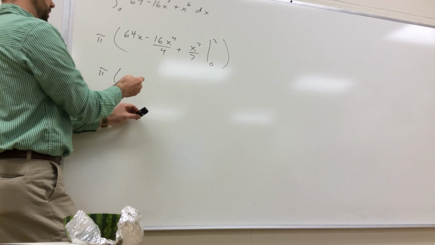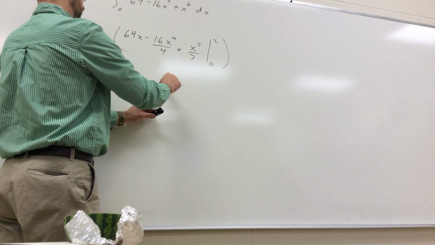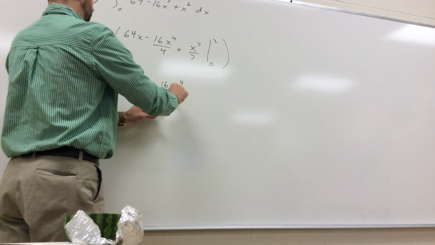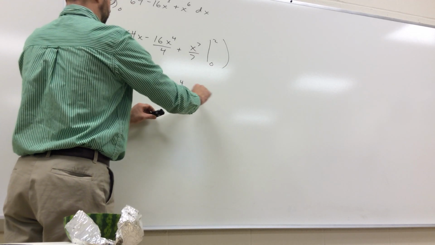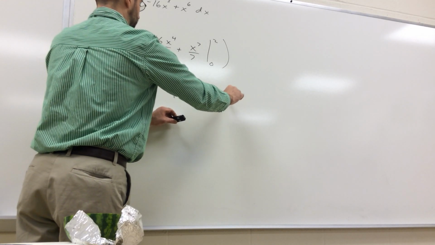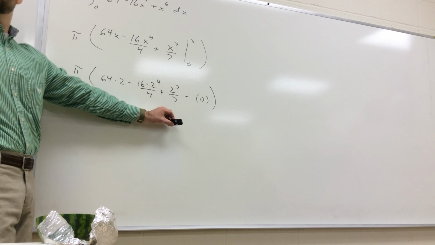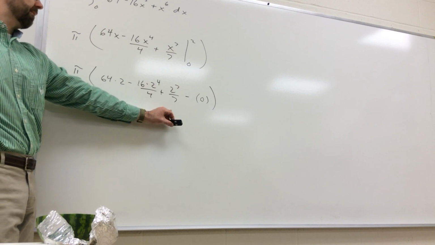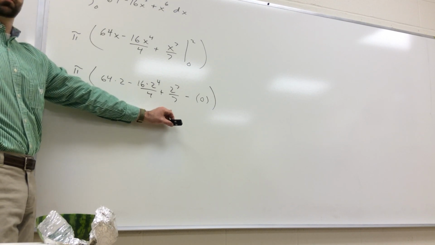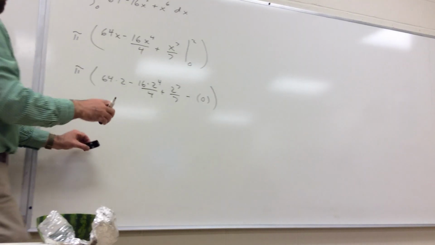So then that's 64 times 2 minus 16 times 2 to the 4th over 4 plus 2 to the 7th over 7 minus 0, right? 64 times 2 is 128.